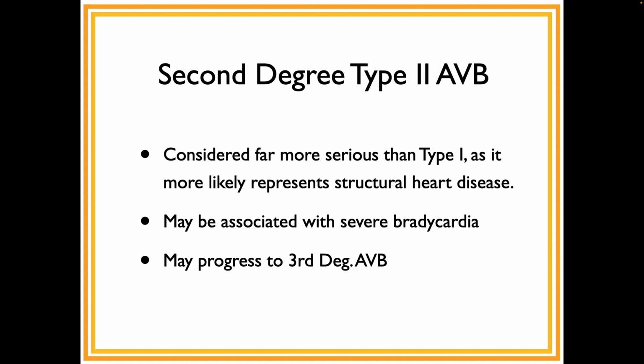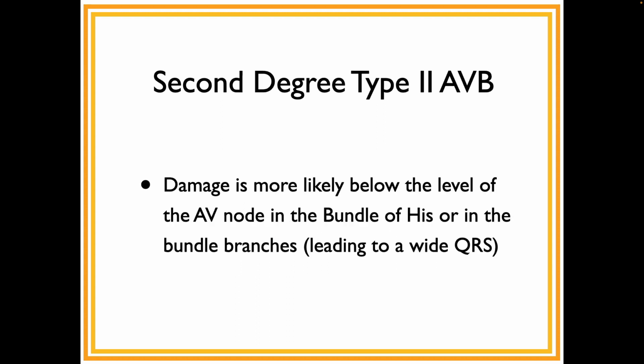It's much more likely to be associated with true bradycardia, in which case you'll have to treat the person. And it also has the danger of that block becoming permanent and moving into a third degree. So damage is more likely below the level of the AV node, and that can cause a form of an IVCD leading to a wide QRS.